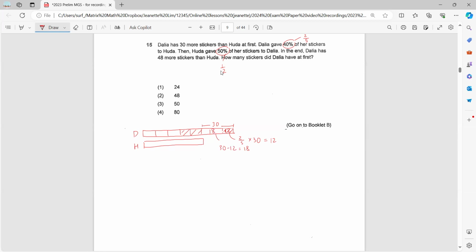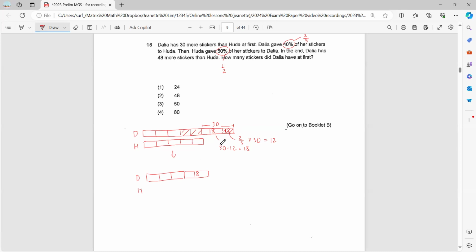Okay, so for Huda, Dahlia is going to transfer to Huda, so Huda doesn't change anything yet, just make it the same, 5 units. So when you transfer, what happens is Dahlia is left with 3 units and 18. Huda is 5 units plus 2 units and the 12.